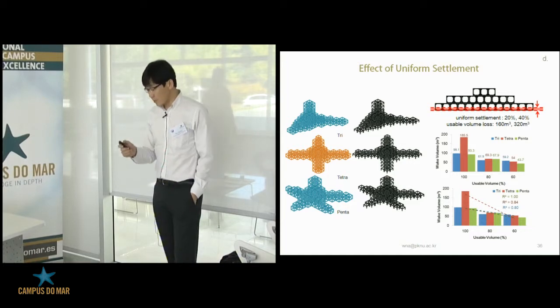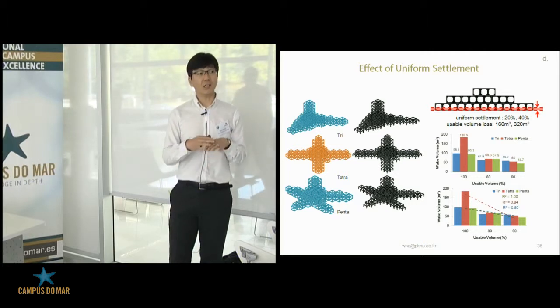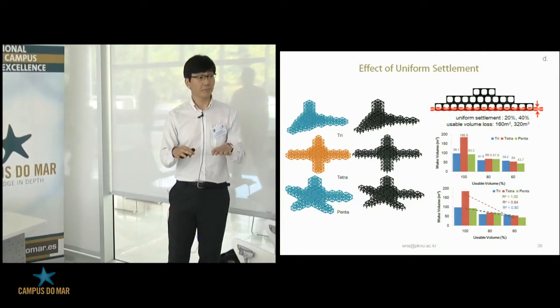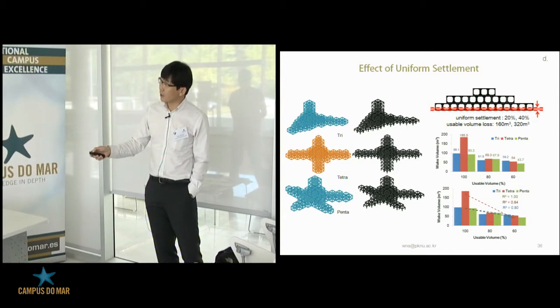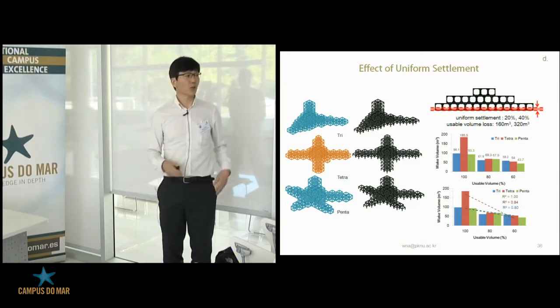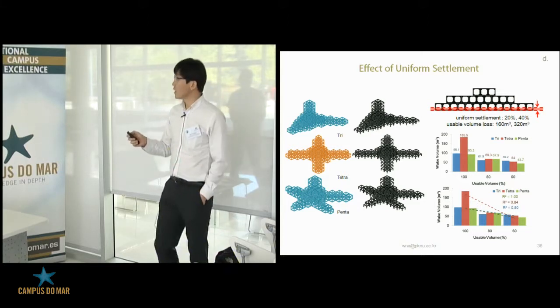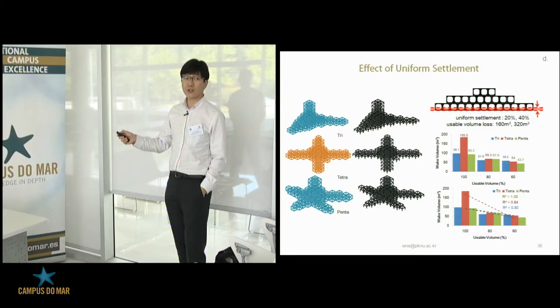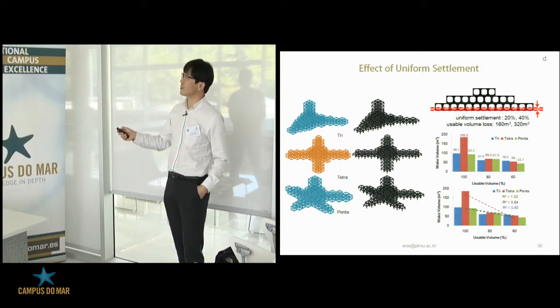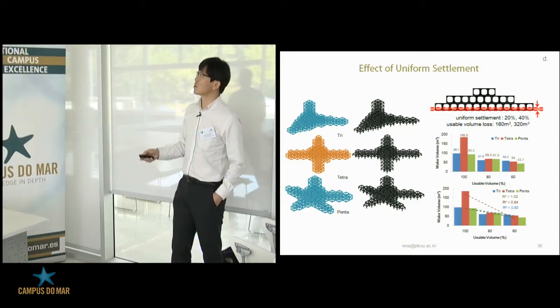We also investigated the effect of uniform settlement. Somehow the artificial lip settles down on the sea bottom, and as you see, this portion goes into the seabed. In that case, what happens to the wake volume? That's our idea. So we intentionally applied uniform settlement of 20% and 40%, which means usable volume loss of 160 cubic meters, 320 cubic meters, etc. Then we calculated the wake volume and compared.